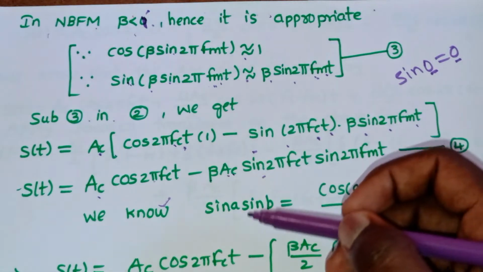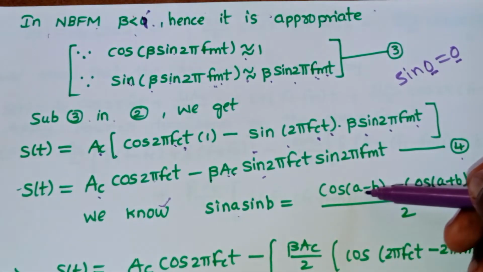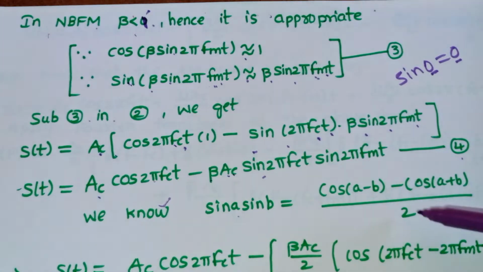Now we know another trigonometric property, that is sin A sin B is equal to cos of A minus B minus cos of A plus B, divided by 2.